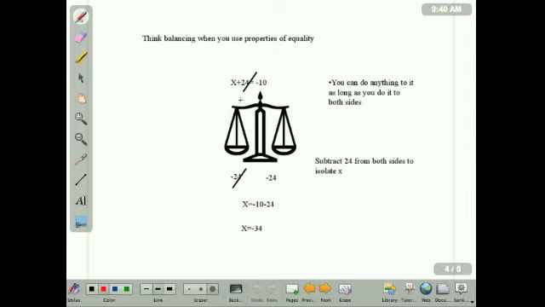So if I subtract 24 from both sides, the 24 and the negative 24 cancel each other out. Now I rewrite, and I'm left with x equals negative 10 minus 24. I can combine these, since they're both the same signs. So I'm adding 10 and 24, which is 34, and I'm using that sign, so x equals negative 34.